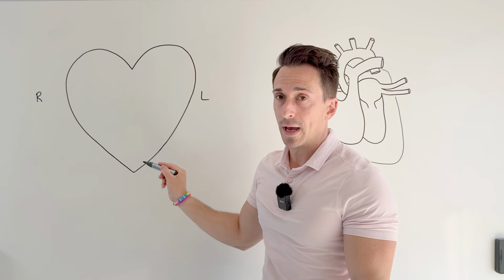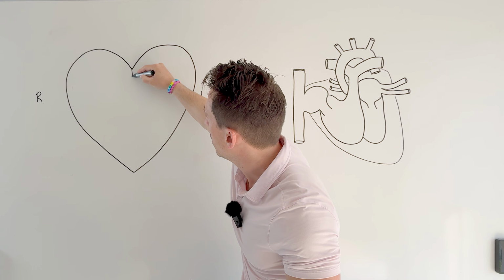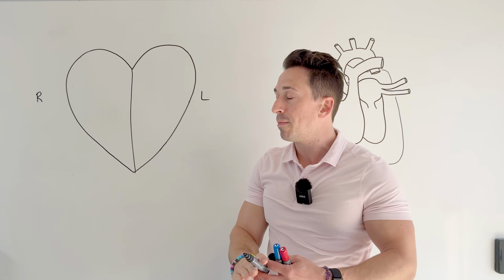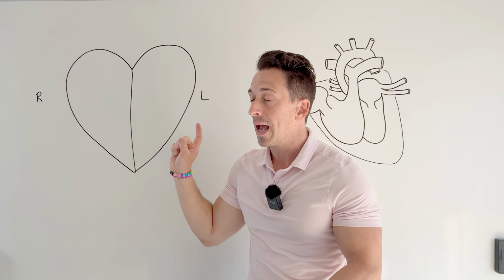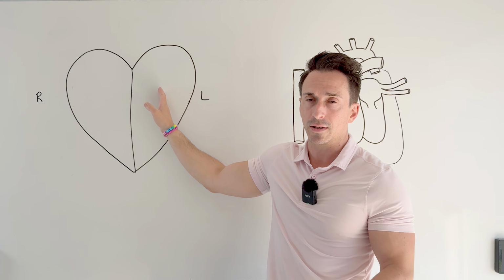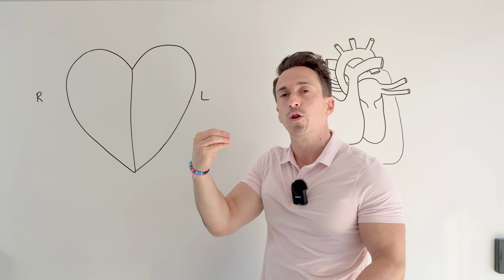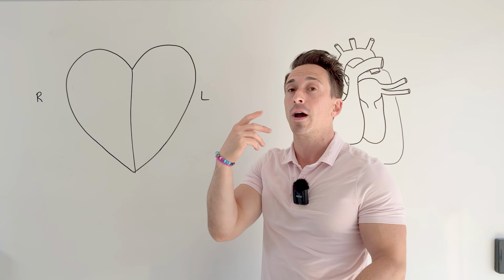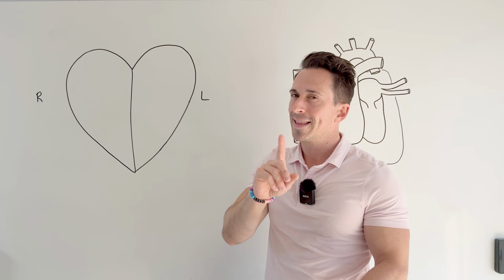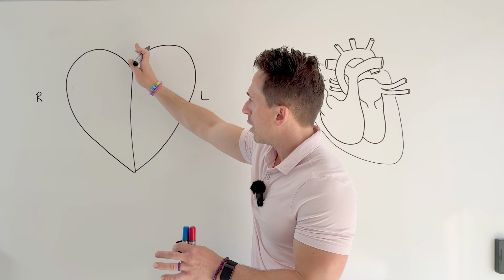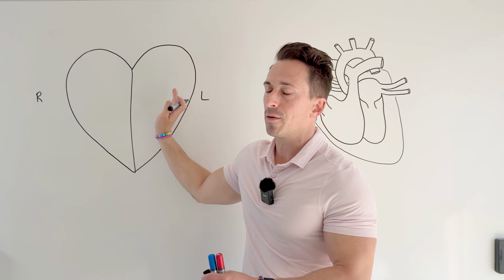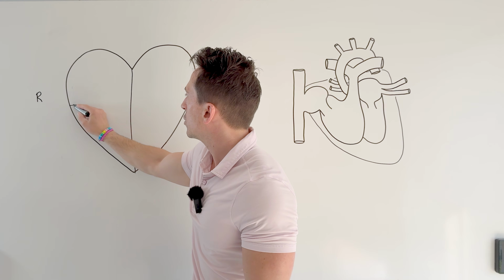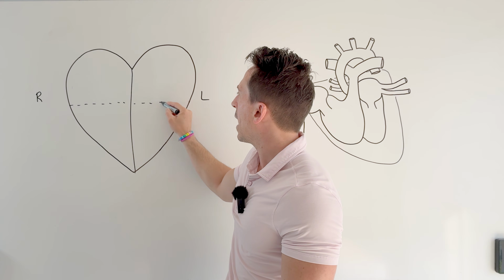There's 2 at the top, 2 down the bottom, but they are separated from left to right by a septum which should not be breached, meaning there shouldn't be any holes or gaps allowing blood to go from this side to that side. That's different when you are in utero as a baby, but as an adult, there shouldn't be any holes. If there are holes, these are called murmurs. That's a future video. So no way for blood to go left and right, but blood should go from top to bottom. So here are our 4 chambers.